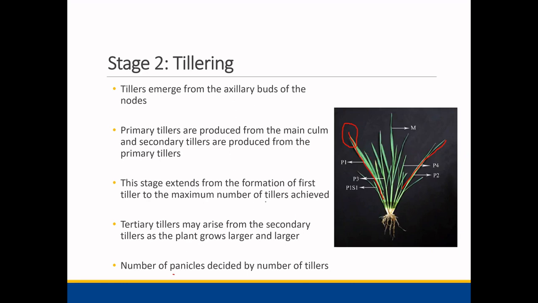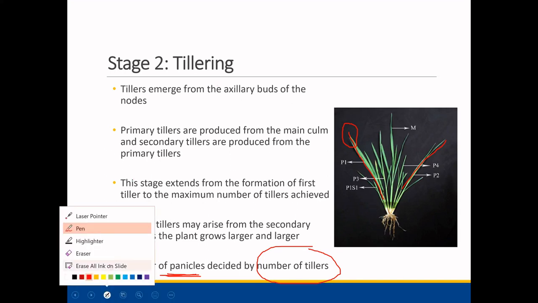So the number of panicles is a very important yield component, which you may have studied in the practical. It is decided by the number of tillers. That's why this stage 2 is also important.